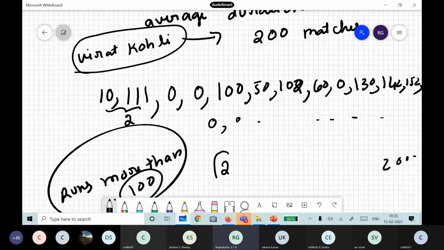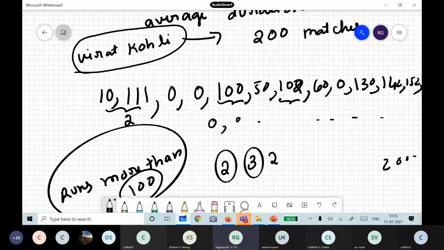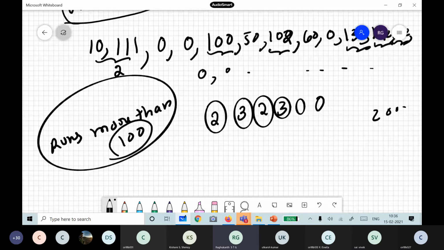Then the next one, 2. Then from here to this one, once again, 3. Next one, 0, meaning the next match itself, or you can say 1, whatever, say 0. The next is also 0, like that you will get. So this is the duration between his centuries.